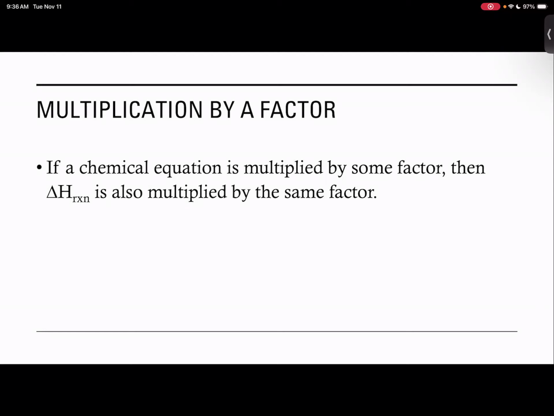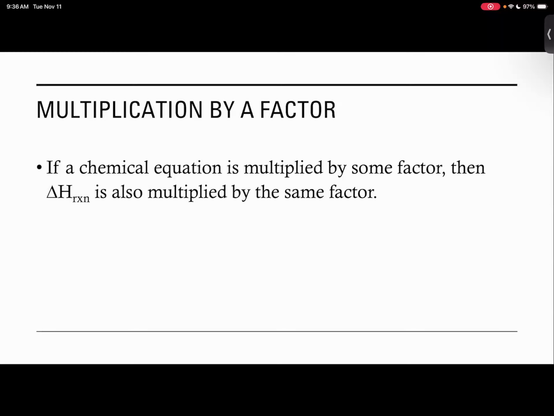Now, there are three relationships that we can just talk about with respect to the enthalpy of a reaction. The first is going to be what occurs when you multiply a reaction by some factor. In other words, you're multiplying the coefficients of the reaction by a factor.